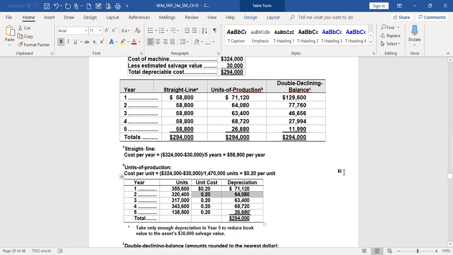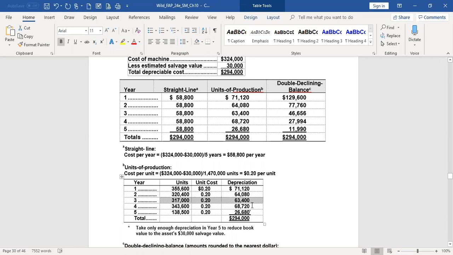We said it's going to produce 1,470,000. The next year it produced 317,000. So multiply that by 20 cents per unit to get depreciation expense for year three, 63,400. So by the end of year three, this machine has produced 993,000 units.